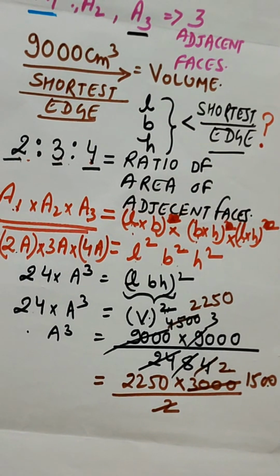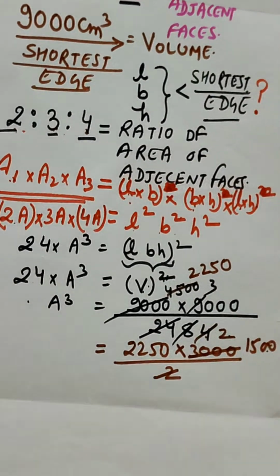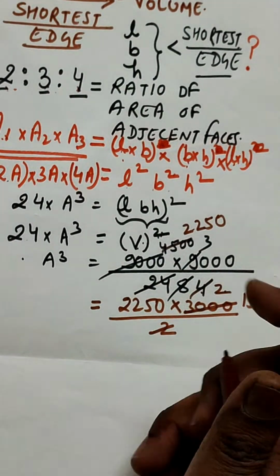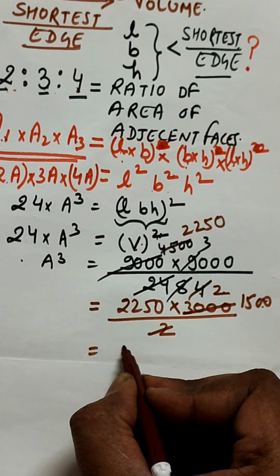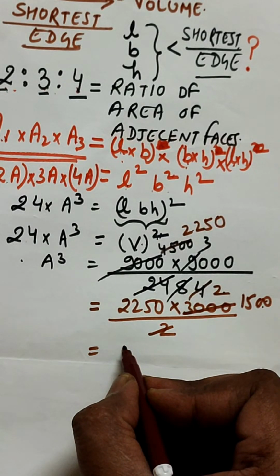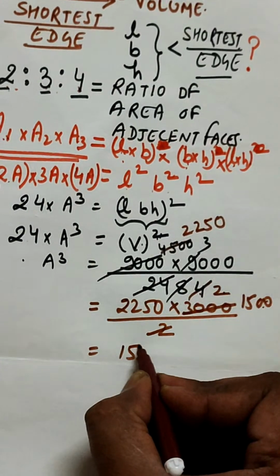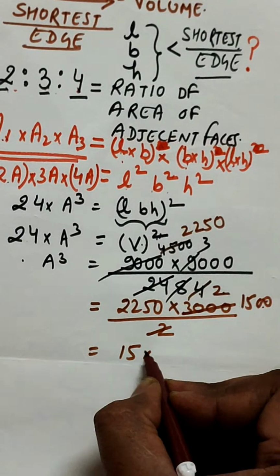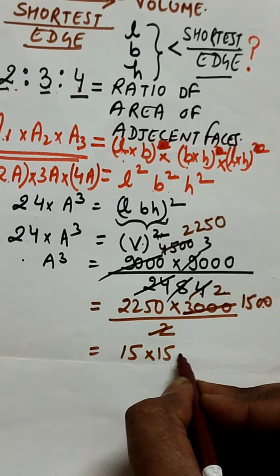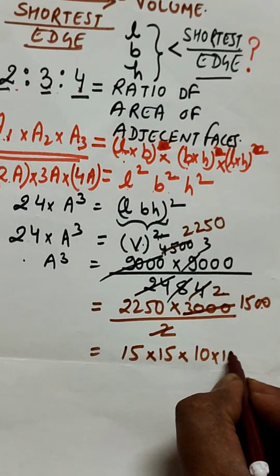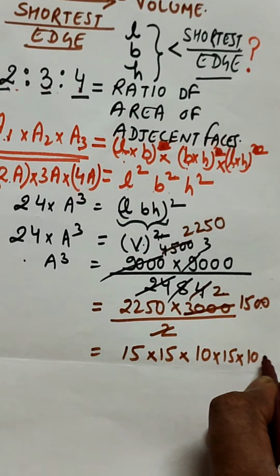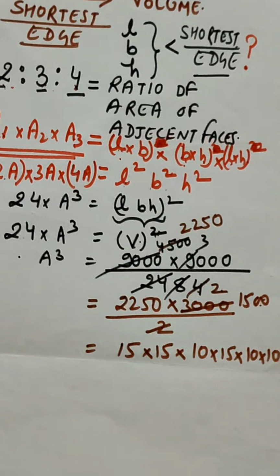1500 times. So this will give you 225, that means 15 into 15 is 225, into 10 into 10 into 10. Why?